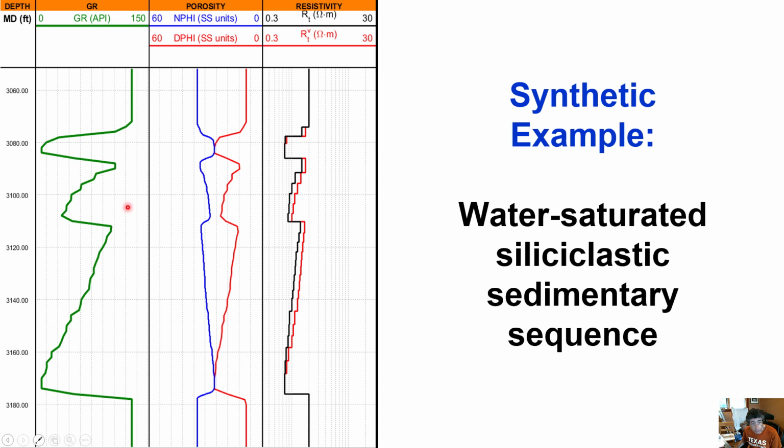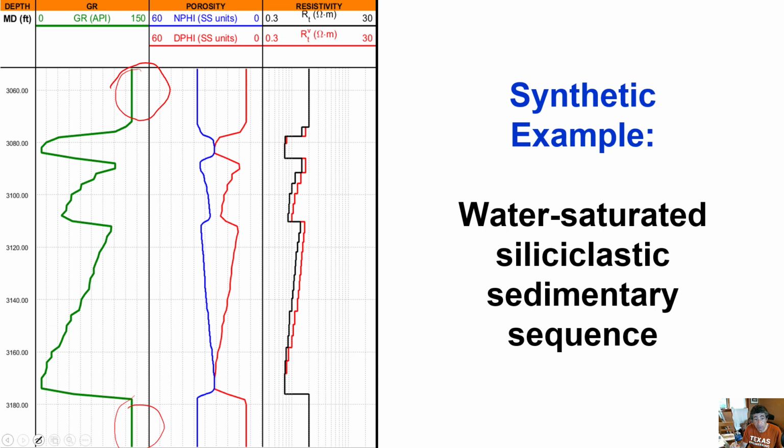But let's see the gamma ray log. Based on the gamma ray log, and also based on what we see in the neutron and density logs and the resistivity logs, we understand immediately that here we have a shale at the top. It's a pure shale. And then we have another pure shale at the bottom. That's what we see.